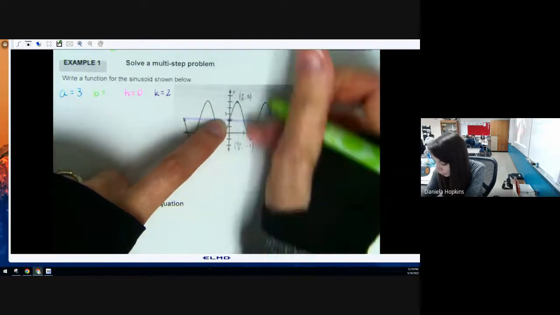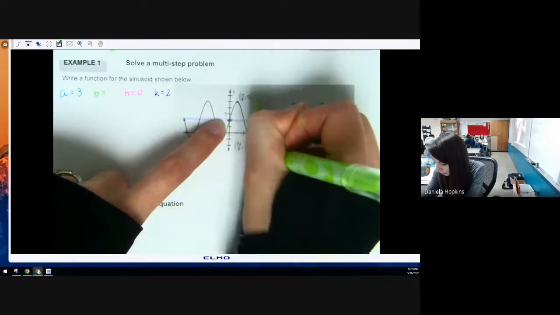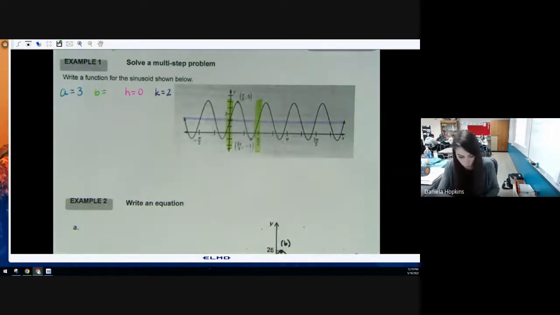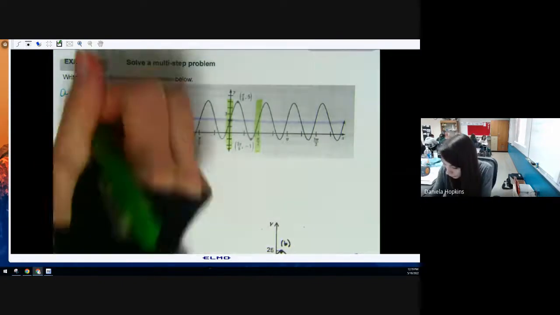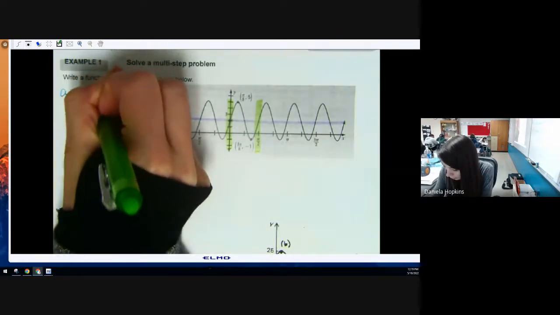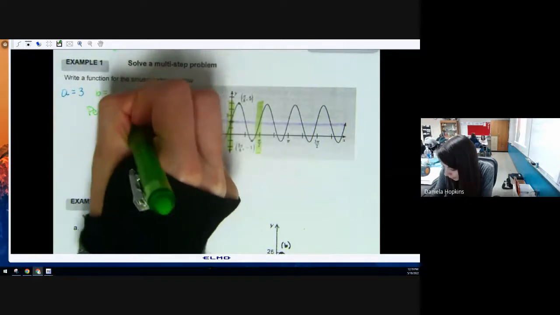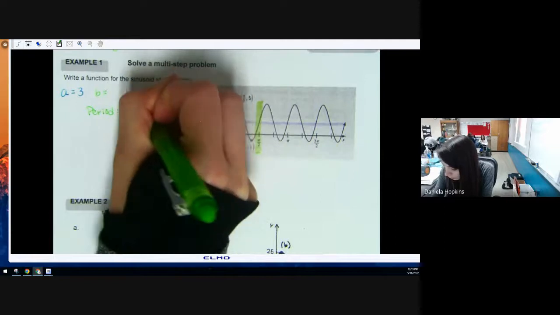And after that point, it would repeat. You guys see how that would repeat after that point? So that's 1 period. That runs through pi over 2. That's not my b, though. So my period would be 2 pi over b equals pi over 2.